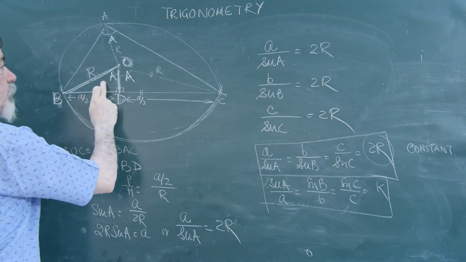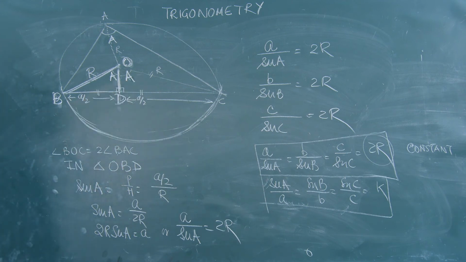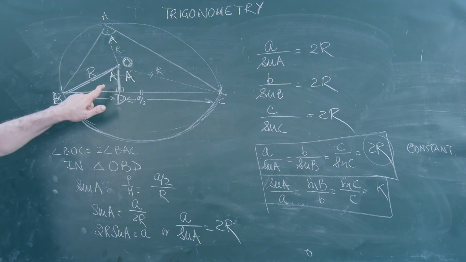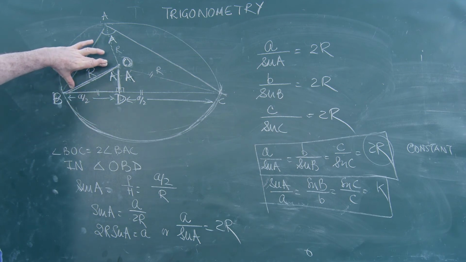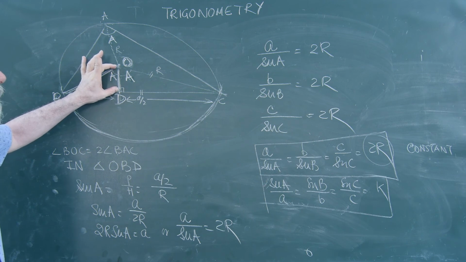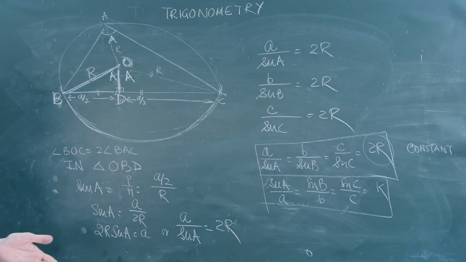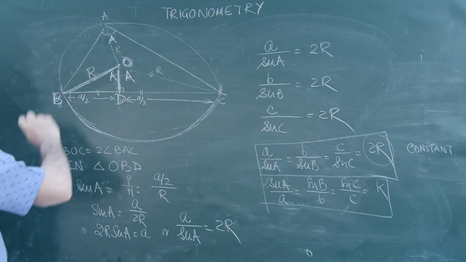These two triangles are congruent to each other because OB is equal to OC, radii of the circle, this side is common, and this is a right angle. So this angle will be equal to this angle.